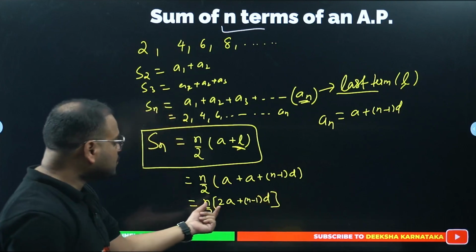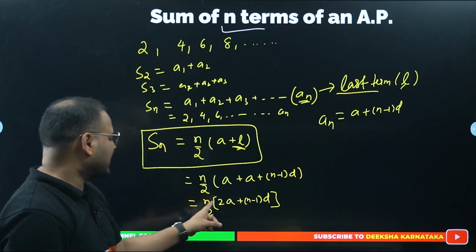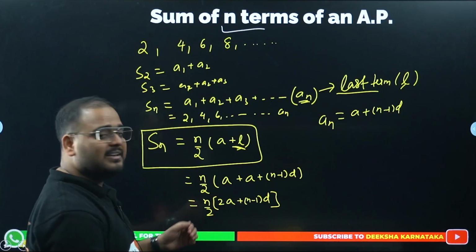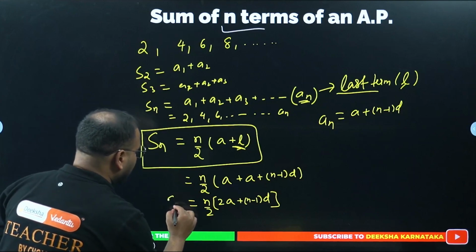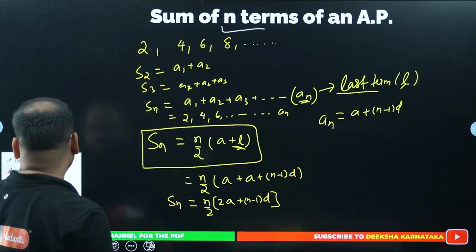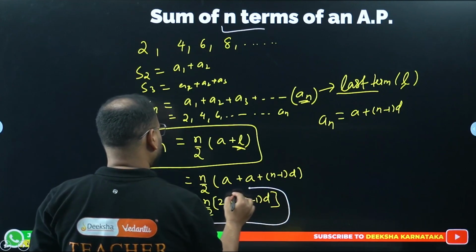Here there is no L written, your previously known values: a is first term, n is the number of terms, d is the common difference. So this is another formula for sum of n terms when the last term is not known.